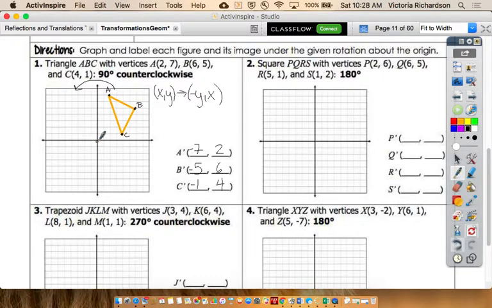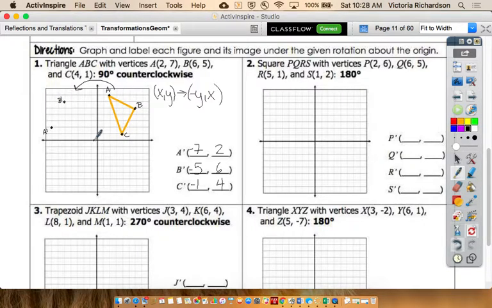So I'm going to start with negative 7, 2. So I start at the origin, count 1, 2, 3, 4, 5, 6, 7, and go up 1, 2. So this is now A prime. B prime is negative 5, 6. So negative 5, and then up 1, 2, 3, 4, 5, 6. That's B prime.